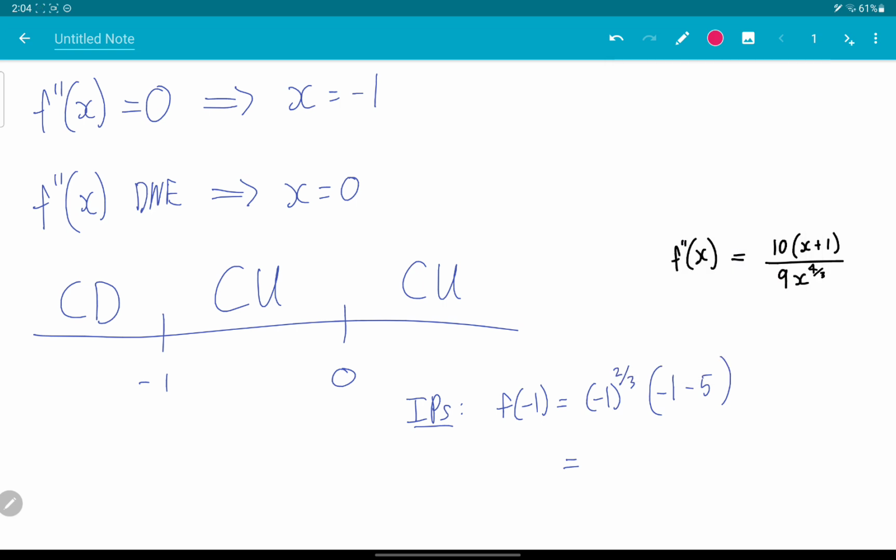You'll recall that (-1) to the 2/3 means take the cube root, which is -1, and then square, which is (-1) squared, which is +1.